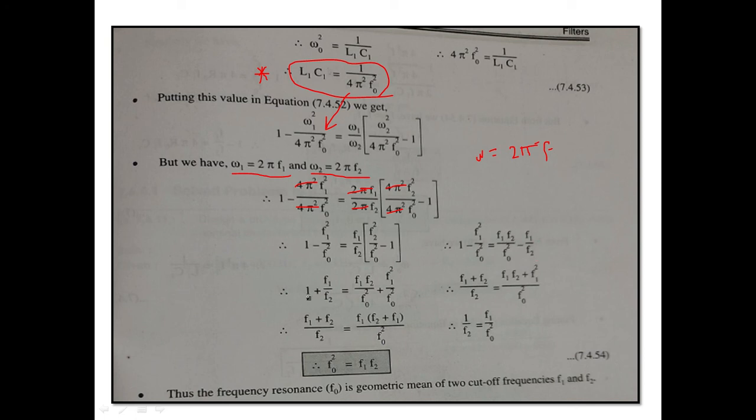Then rearranging the equation, 1 + f1/f2 is equal to f1 f2/f0² + f1²/f0².